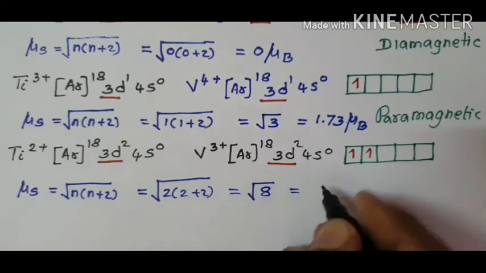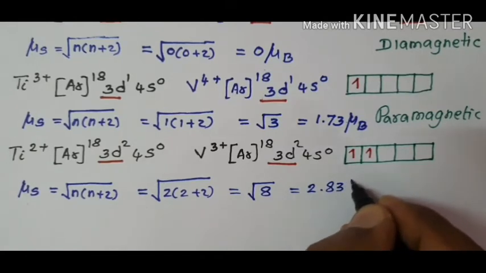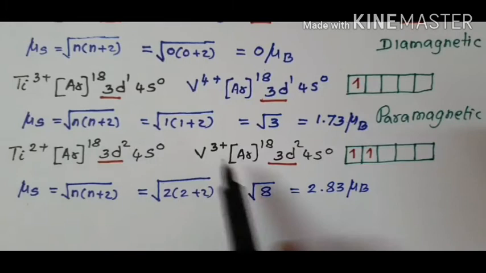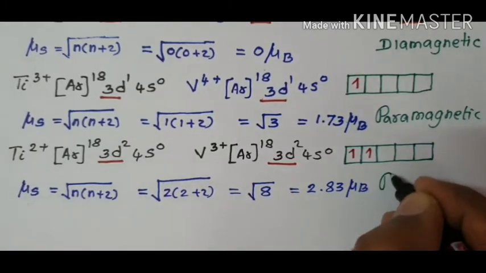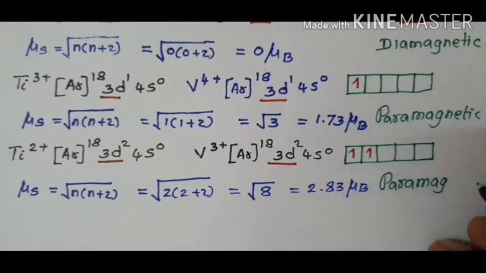Value of root 8 equal to 2.83 Bohr magneton. Due to the presence of unpaired electrons in titanium 2 plus and vanadium 3 plus, they are paramagnetic in nature. Come to other types of ion.